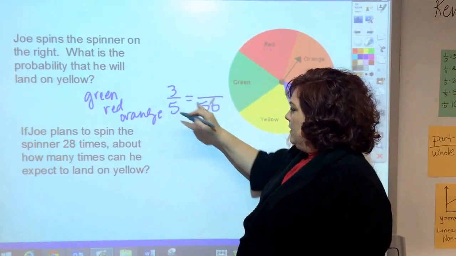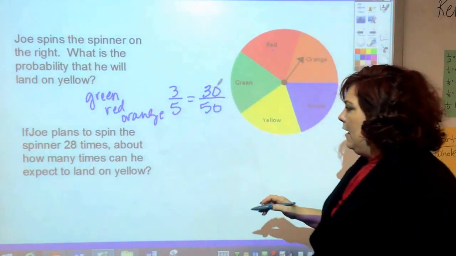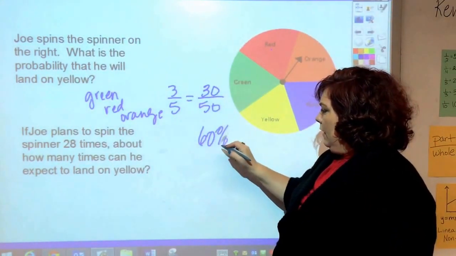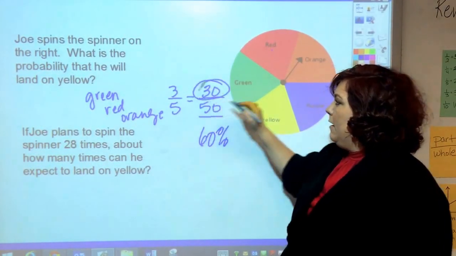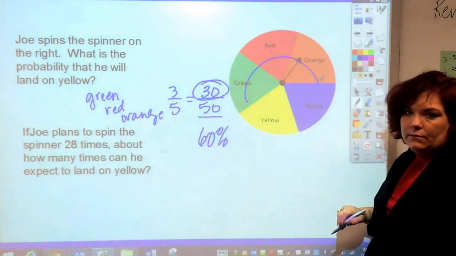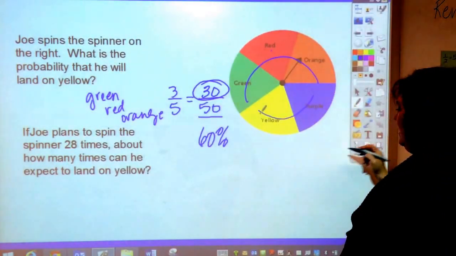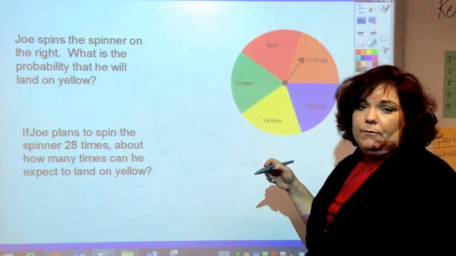So that's times 10, times 10, so 30. So 30 out of 50, so that's 60% of the time. If I spin 50 times, 30 of them I'm going to land on these 3 colors. The other 20 times, I'm going to land on these. And this is, of course, theoretical. If you actually do the experiment, you may come up with different numbers.